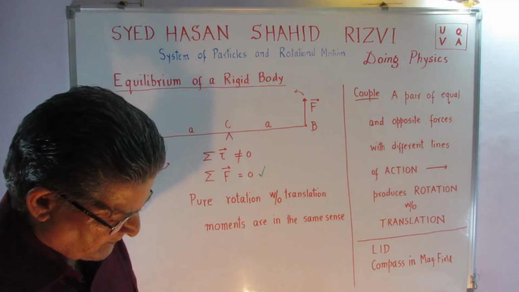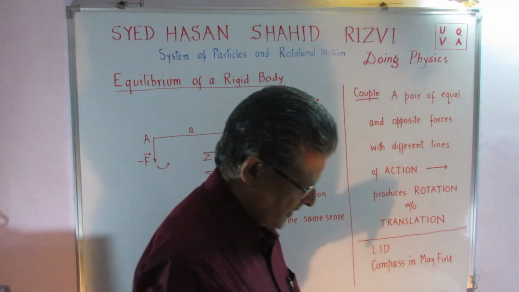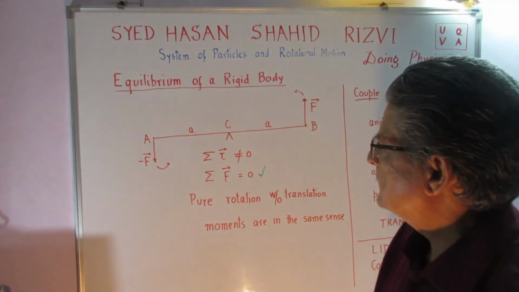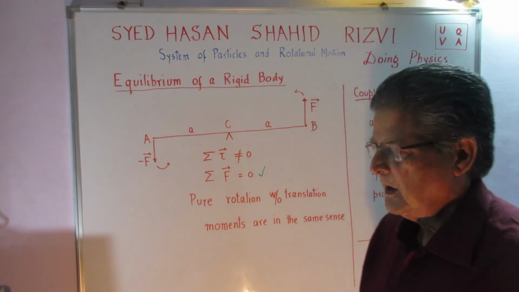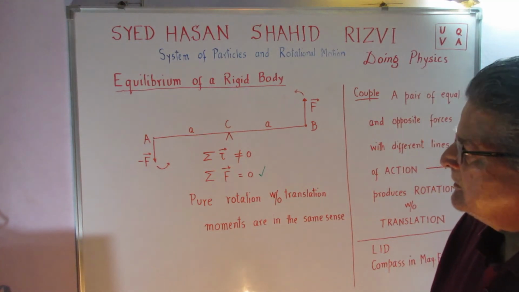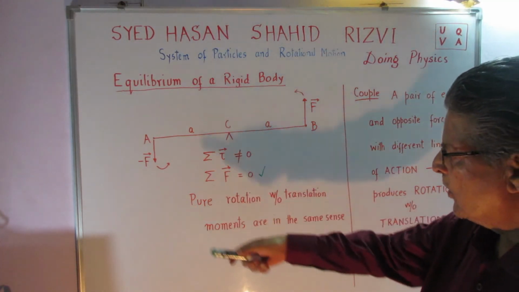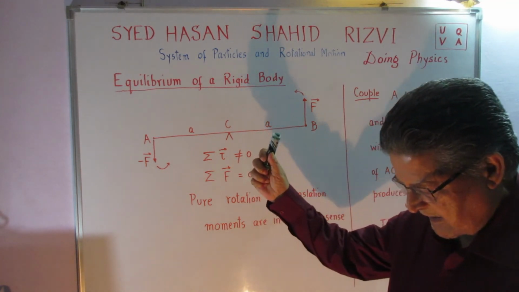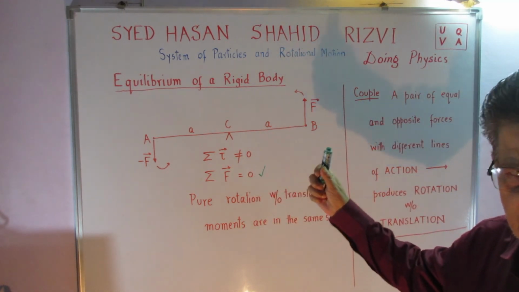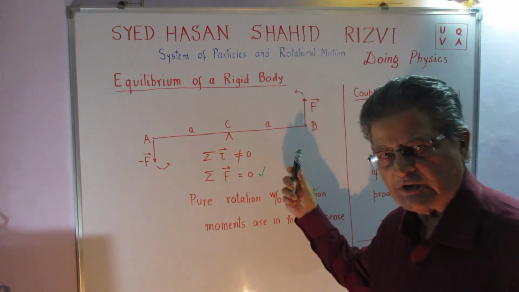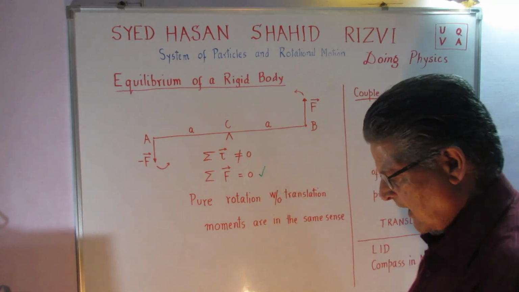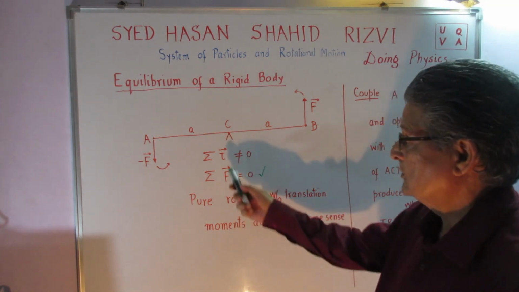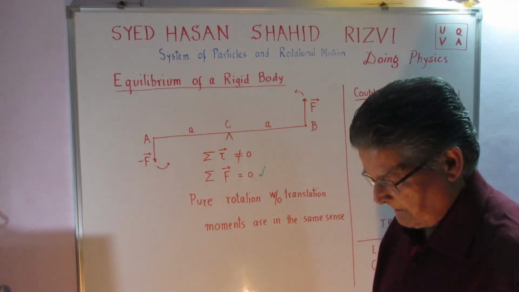So what we have done is a very simple nuance which is called equilibrium of a rigid body, in which I have defined the various conditions along the x-axis, along the y-axis, along the z-axis, for the forces that are there and the couples, I mean the torques, that are there.